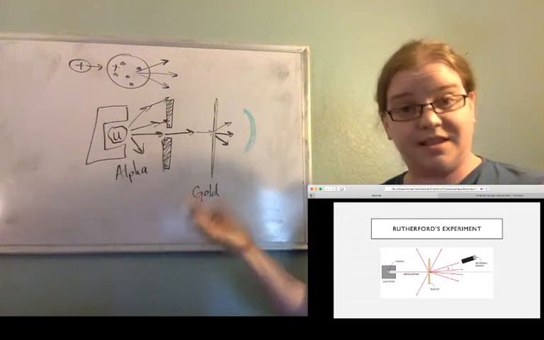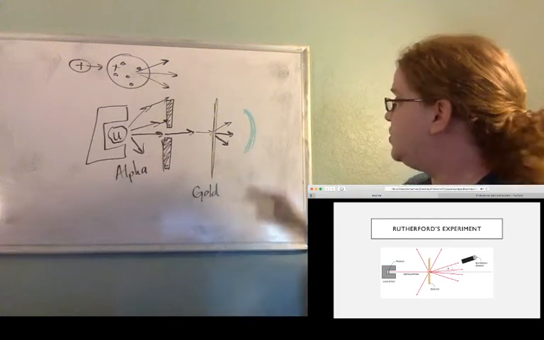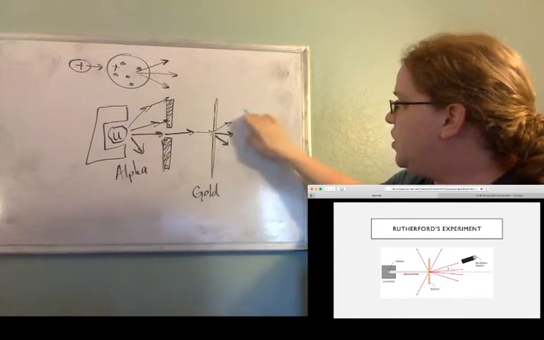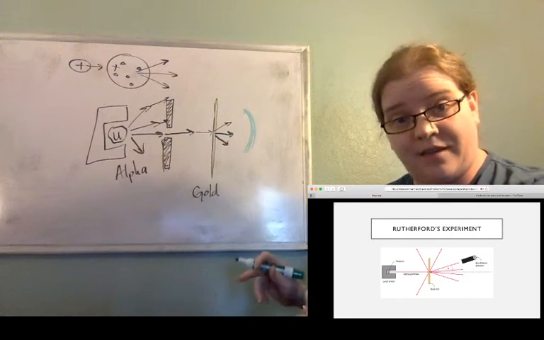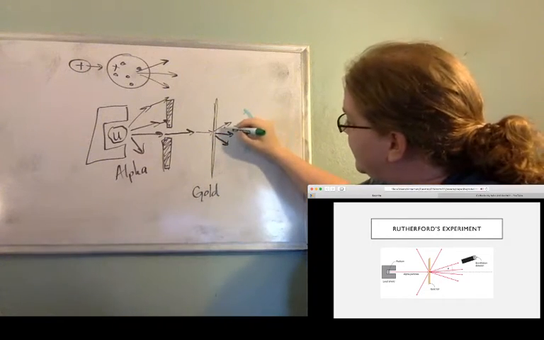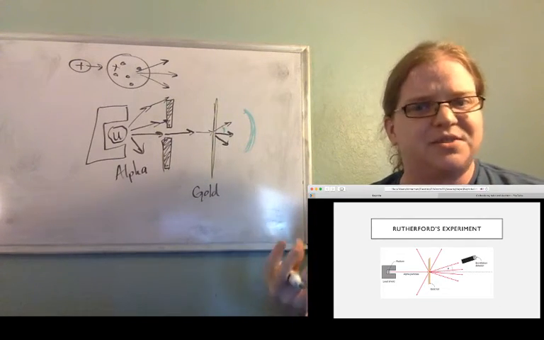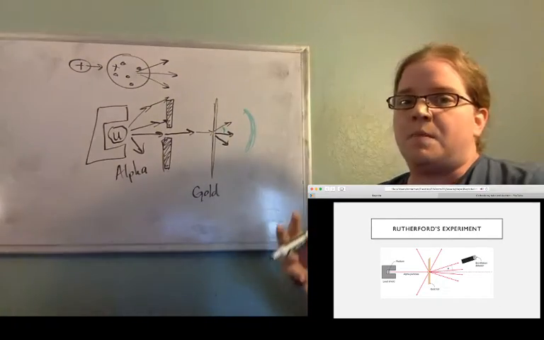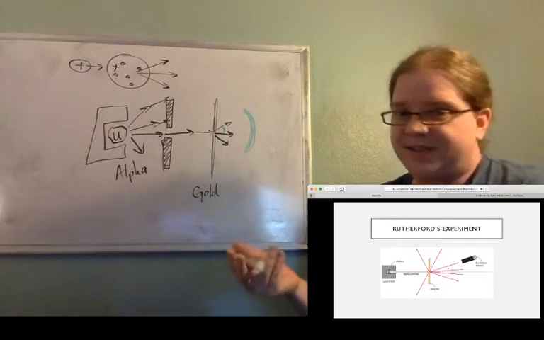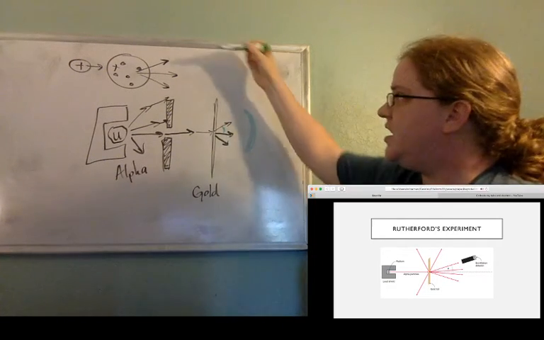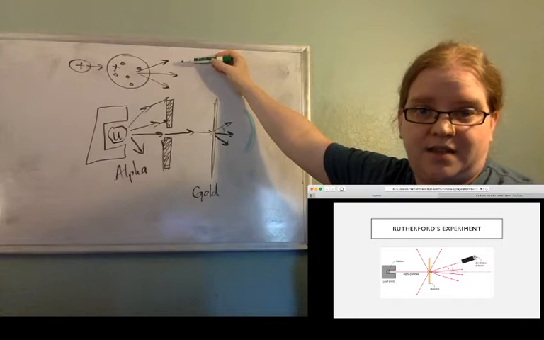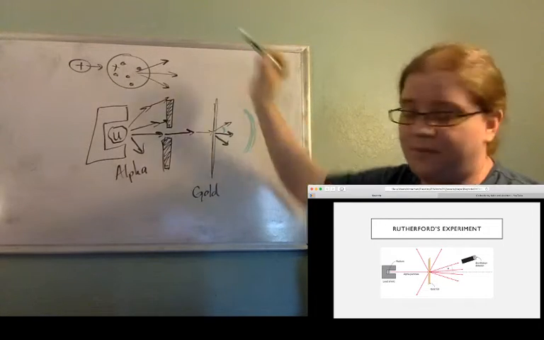And that's what they did, and that's what they saw. So at the detectors here, you get what were called small angle deflections, because this angle here might be like 1 or 2 or 3 degrees, or maybe 5 or 10. Those are pretty small numbers, small angles. So this small angle deflection is what they expected from the Thomson model.